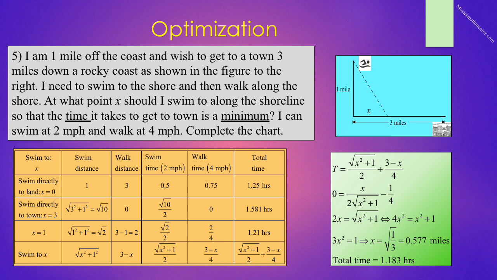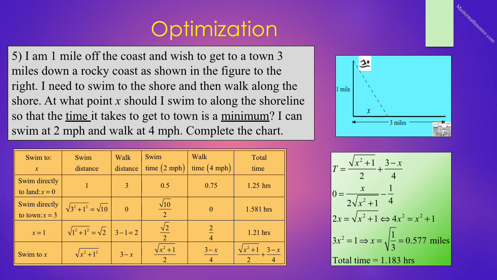We then take the 1/4 over to the other side and cross multiply, and we get 2x is equal to the square root of x squared plus 1, or 4x squared equals x squared plus 1. 3x squared equals 1, and therefore x is equal to the square root of 1/3, which is 0.577 miles.